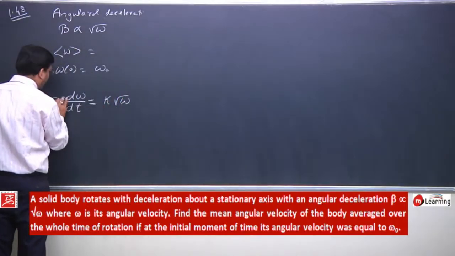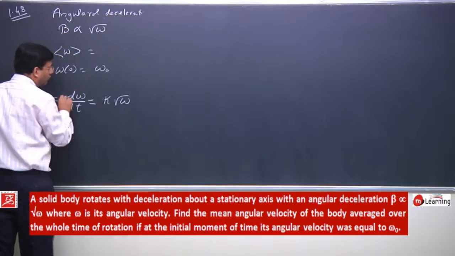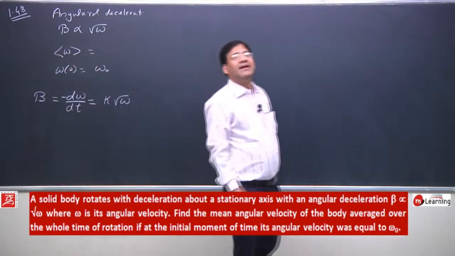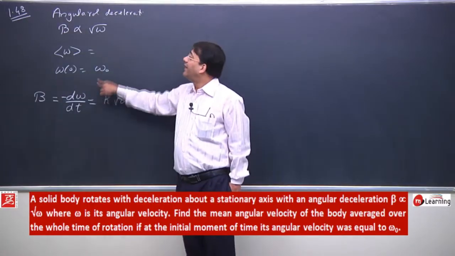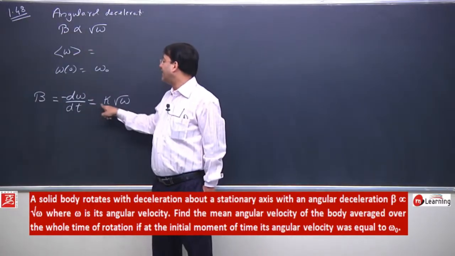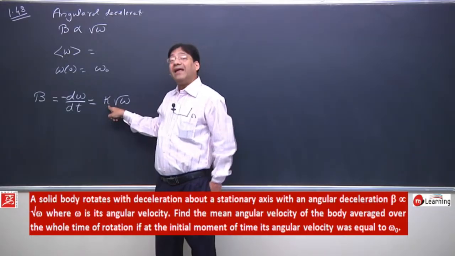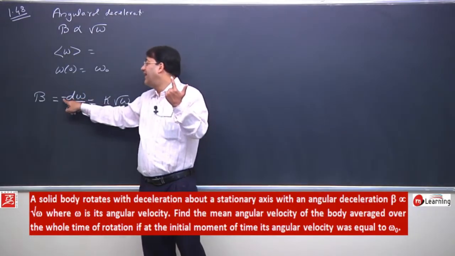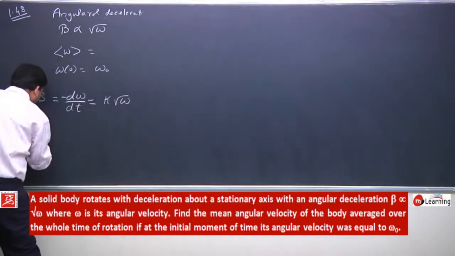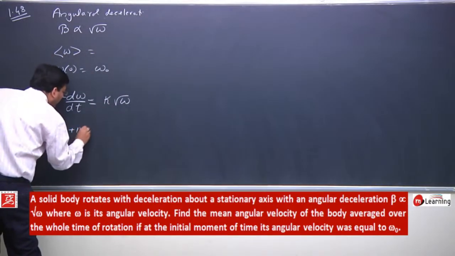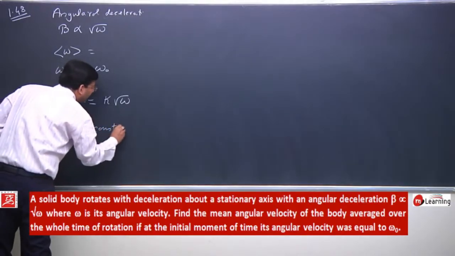It's directly proportional to the under root of angular velocity. So I put an equality sign along with the constant k, and since it's angular deceleration, I put a negative sign here. Now this k is a positive constant.